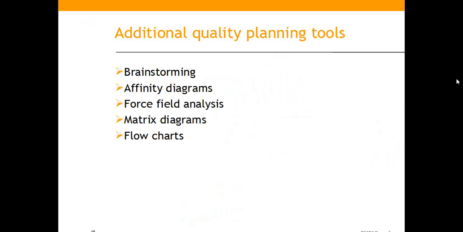Then we have additional quality planning tools like brainstorming, affinity diagrams, force field analysis, matrix diagrams, and flowcharts. Brainstorming is all about talking about a particular thing. It comprises people who need not be experts from the team.